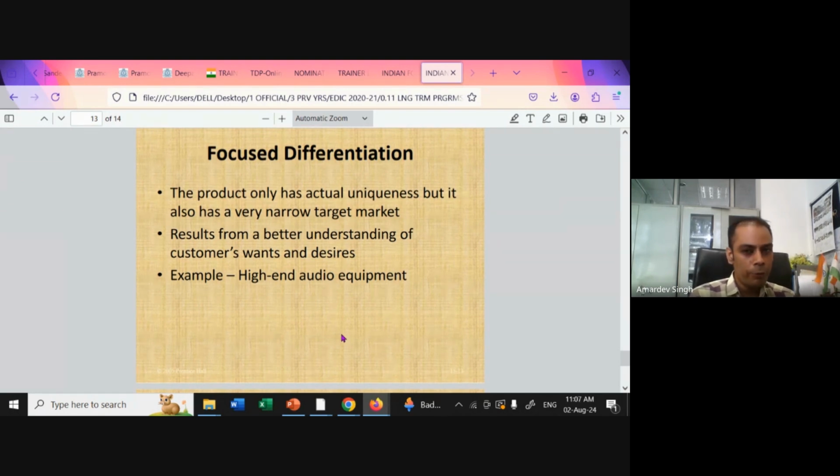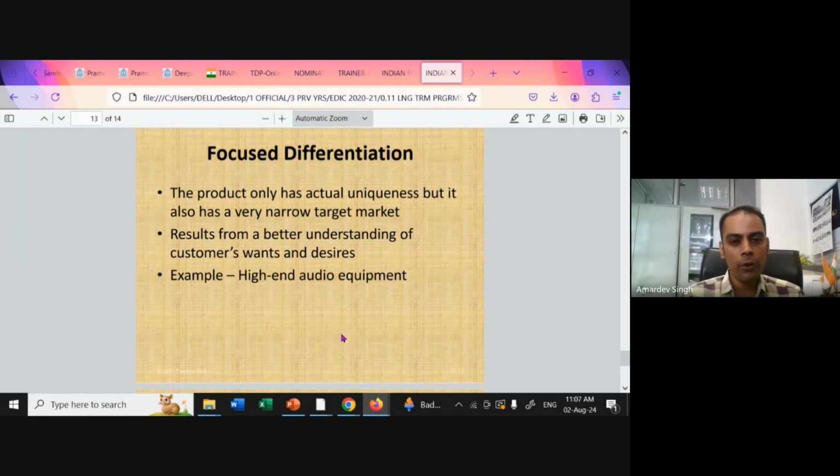Like, for example, focus differentiation means I will make audio equipment, maybe hearing aids, and let us say not the normal headphones. Normal headphone product differentiation means Apple, AirPod, or iPod or something else. But focus differentiation means, let us say, my company will make hearing aids, earphones, earplugs for persons who have hearing impairment.